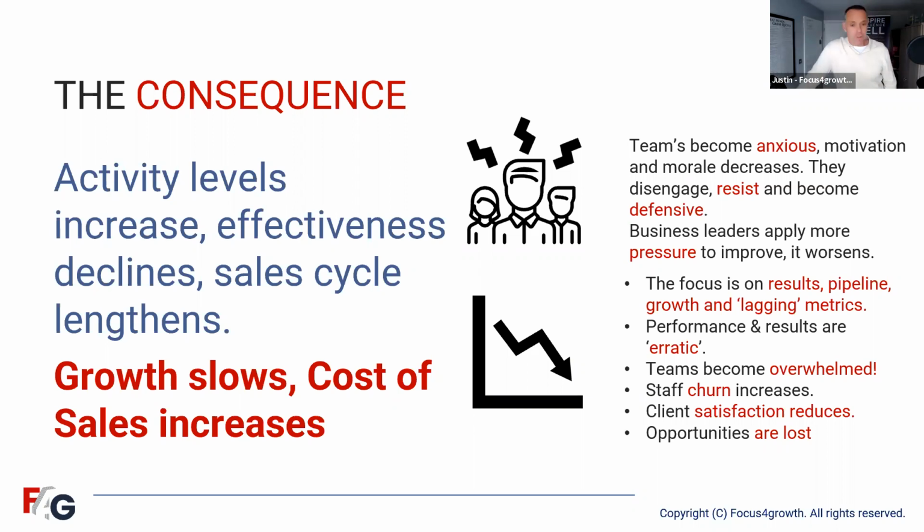And then you get more pressure applied, because the focus then is on results, pipeline, all the lagging metrics, right? All the stuff that you can't change because you are where you are. And actually, we have to get back to what are the things we can change, what are the performance improvements we can make to improve people's sense of confidence, self-esteem, and then things work through if you make those early investments. But lots of consequences for businesses around what this means for sales teams.